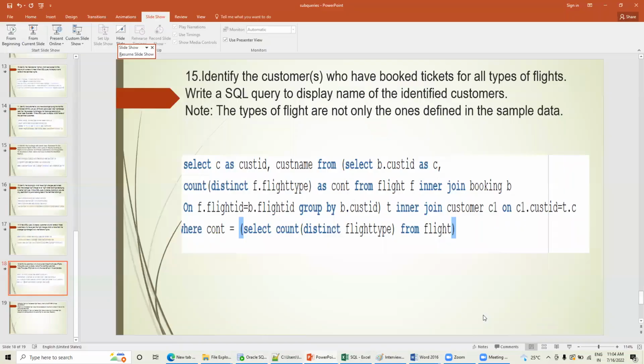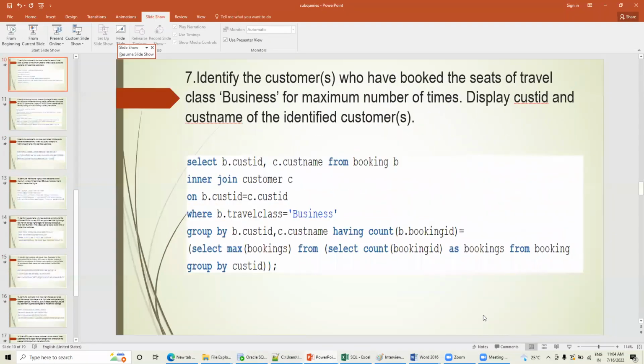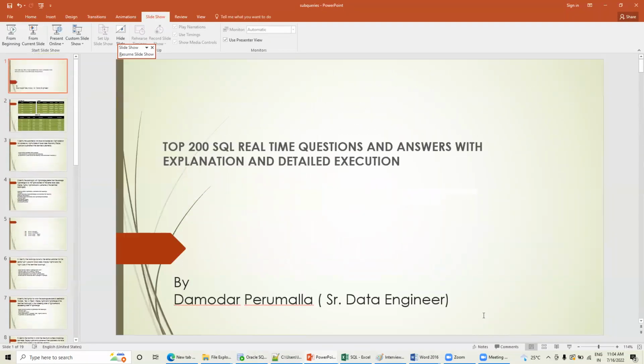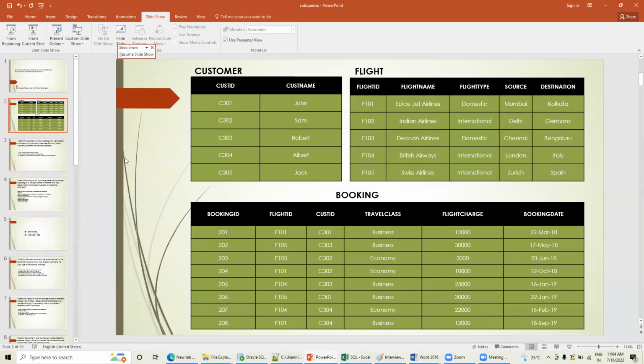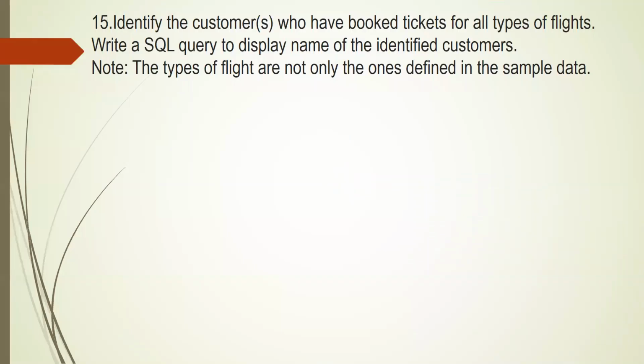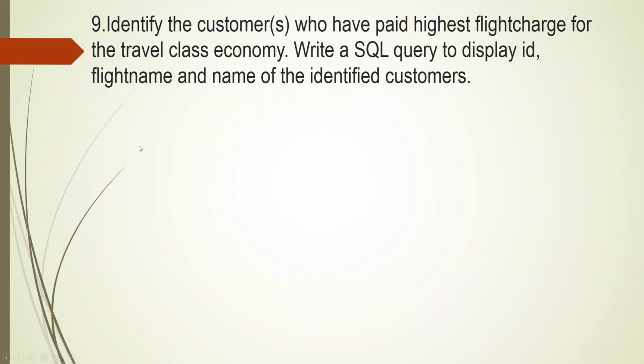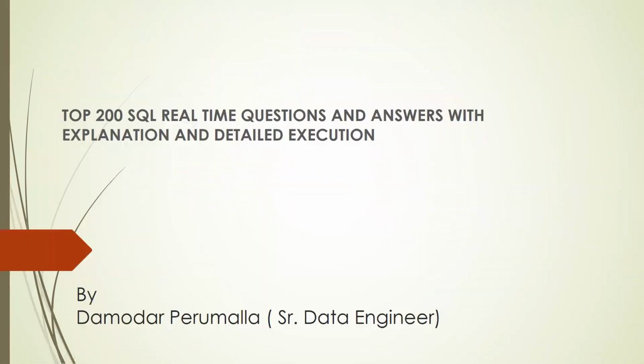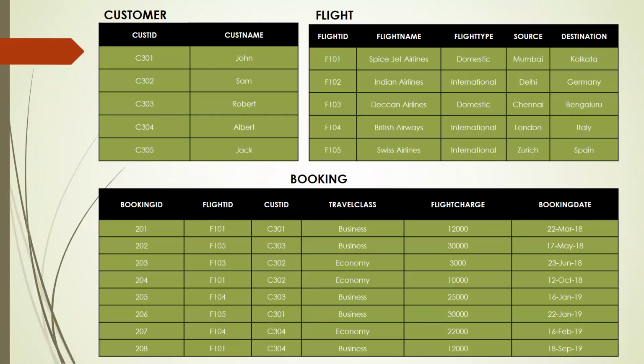If you go back to my data here, C301, John: F105 has booked business class.